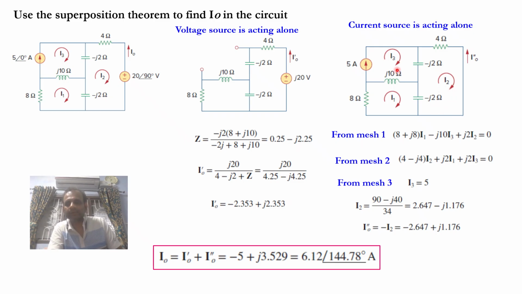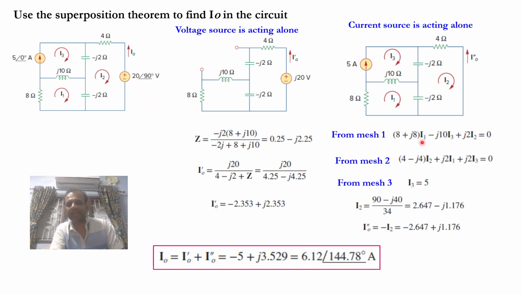I3 is required. Once I3 is found, you can evaluate I3 in loop 3. It is 5 ampere.